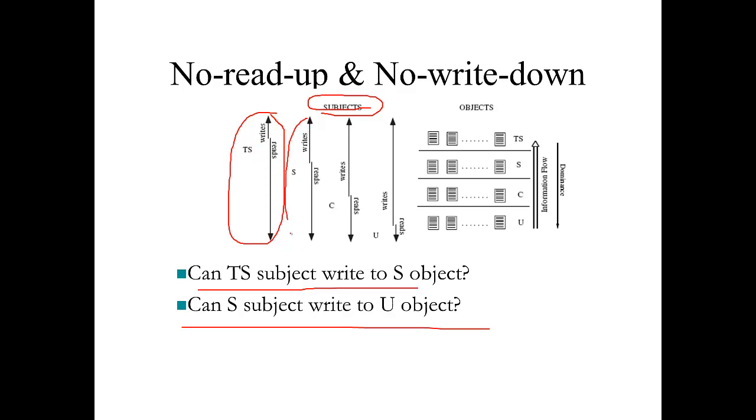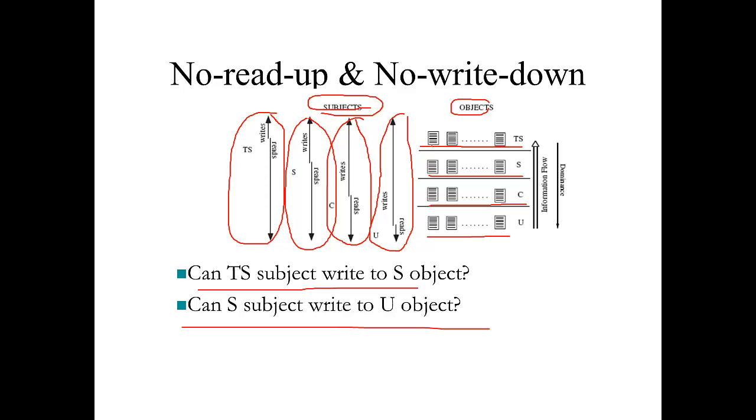This guy is security level, and this guy is confidential level, and the last guy is unclassified level. Also, we have some objects here. These objects are top security level. These objects are security level. These objects are confidential level. These objects are unclassified level.